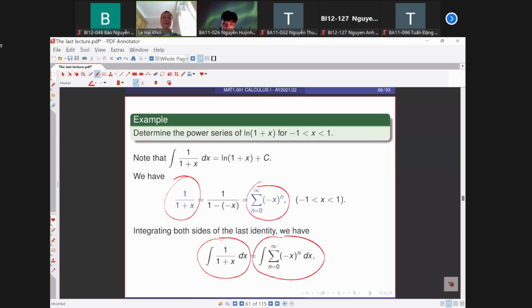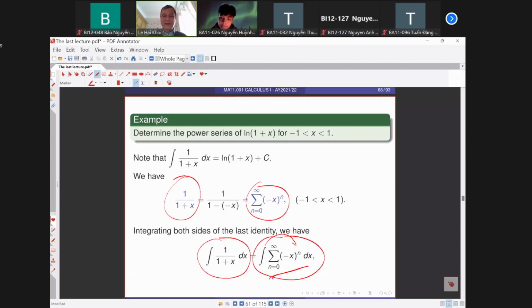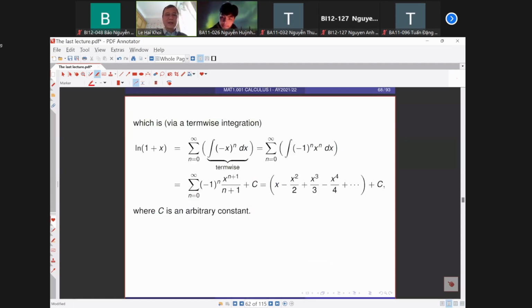Yes, you have that. But the integral of a power series, you can integrate term by term. That is, you move the integral inside to have the integral of negative x to the power n dx, right? And then you work on that.